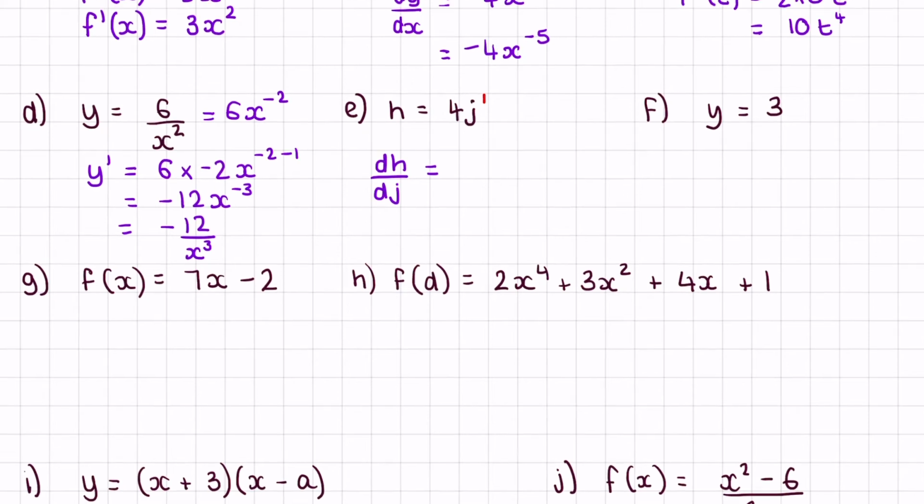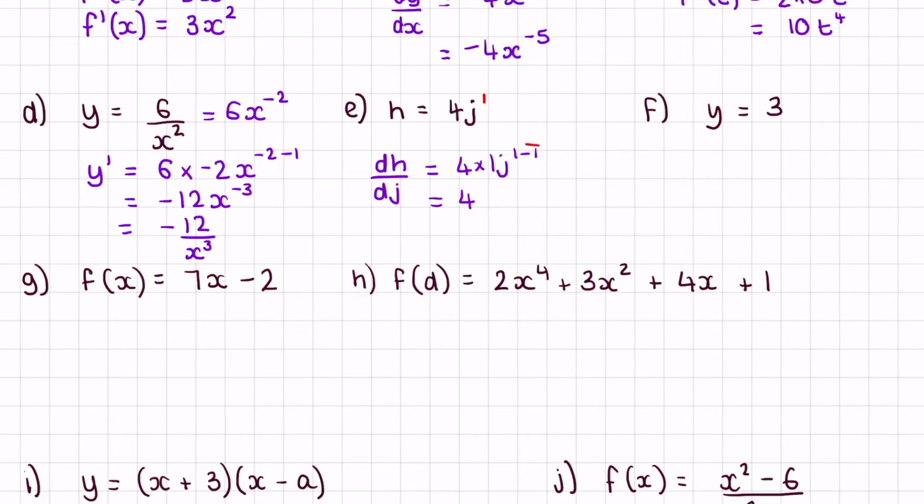I'll show you this way, so we'd end up with 4 times 1, j to the power of 1 minus 1. But obviously 1 minus 1 is 0, and anything to the power of 0 is 1. So when you just have one single variable like 4j, the derivative of this ends up just being the constant that's out the front, because we end up with the variable to the power of 0.